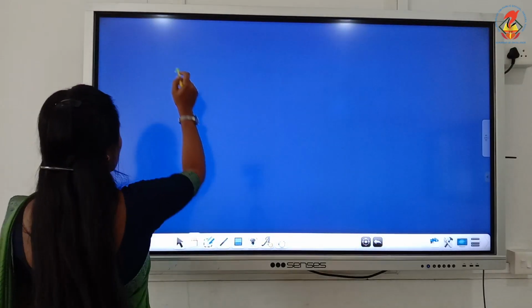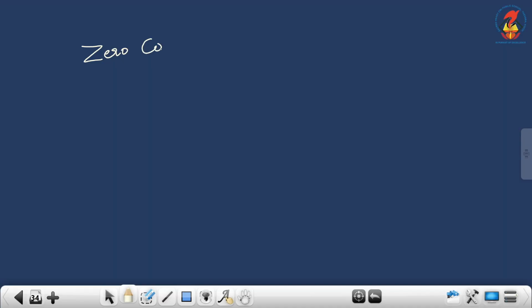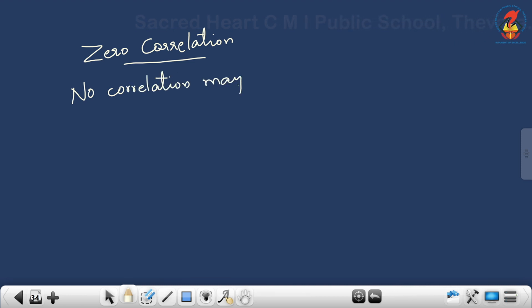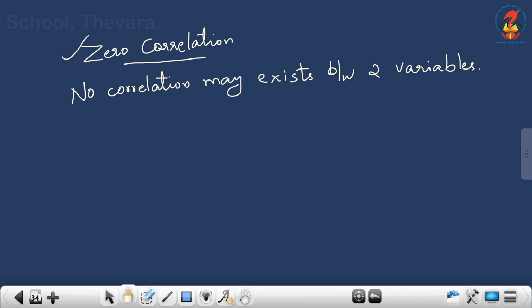Now the last one is zero correlation. Sometimes no correlation may exist between two variables. Then it is a zero correlation.